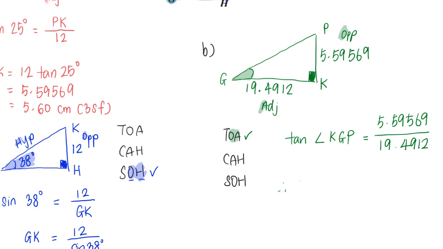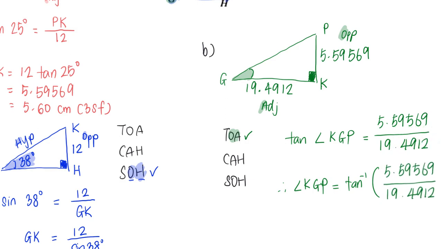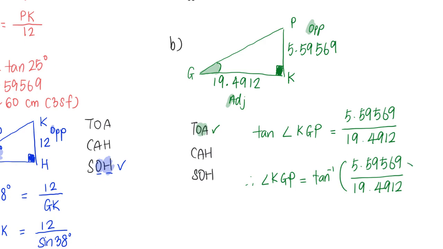So therefore, my angle KGP is simply the tangent inverse of this fraction. And this will give me a value of 16.0181 to about 6 significant figures. Final answer, 16.0 degrees to 1 decimal place.